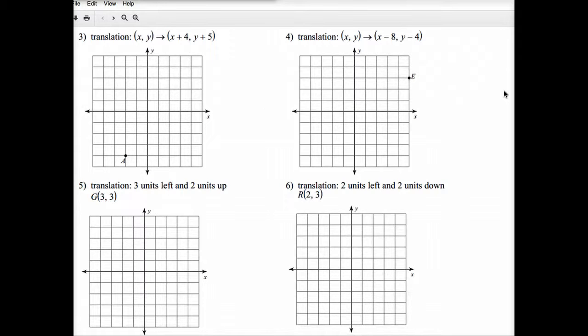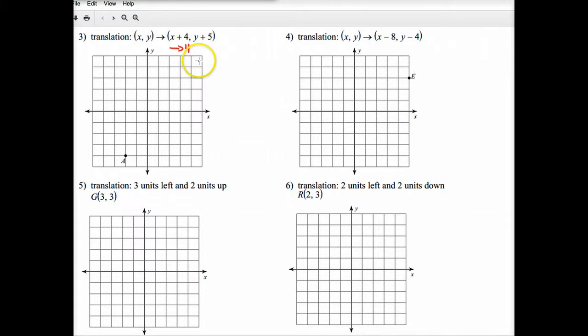Looking at this next one here. So this one says translation. It says x plus 4, y plus 5. So they gave me a point here, point A, and it's saying x plus 4, y plus 5. Well, x is like my left or right, so that means it's probably going to be right since it's plus. So it's going to go right 4.